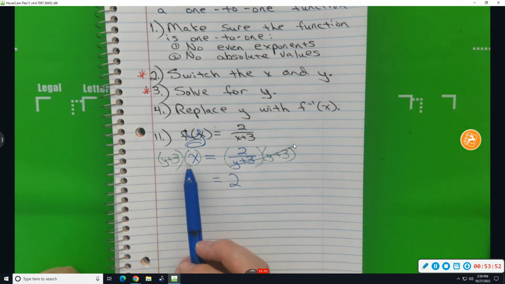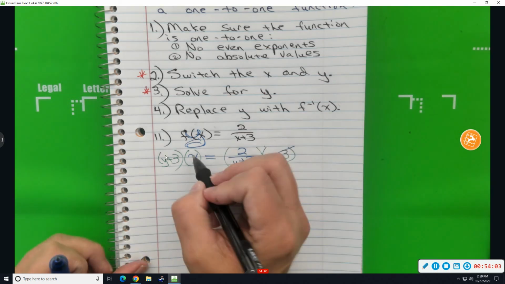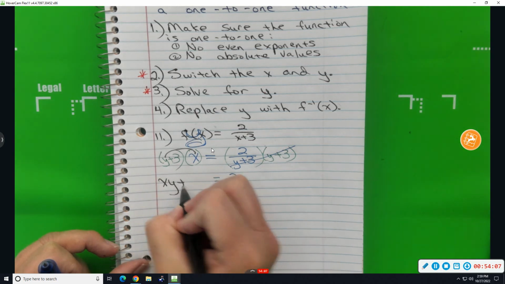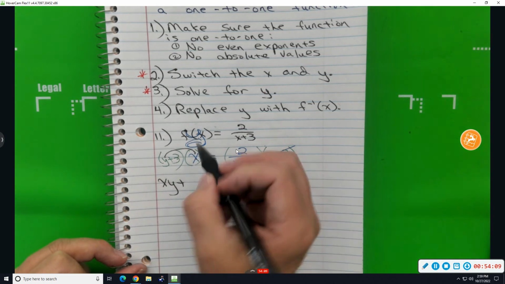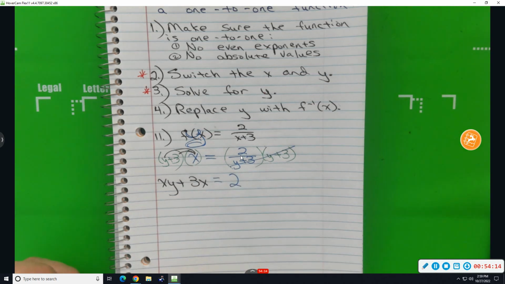Well, how are we going to multiply y plus 3 by x? We're going to have to distribute. You take x times y, that's xy, plus x times 3, which is 3x. Minus 3x on both sides.